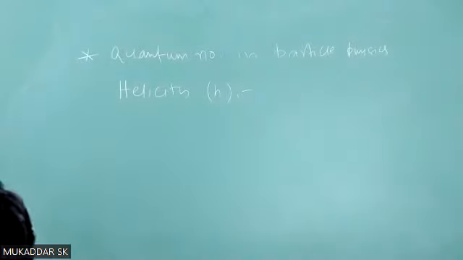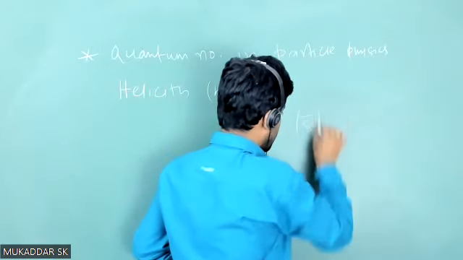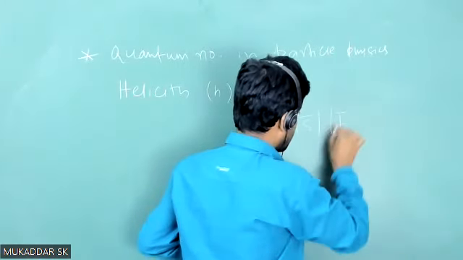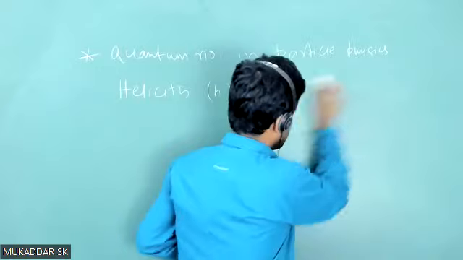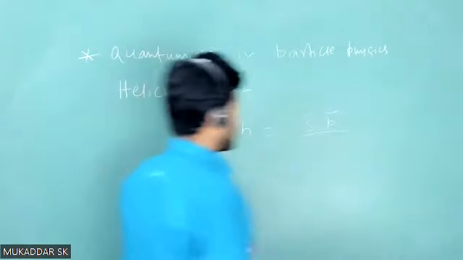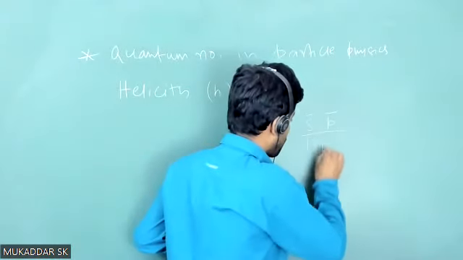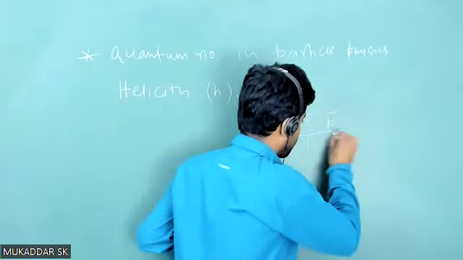Can anyone tell me what is helicity? Helicity is defined as projection of spin along the direction of flight. It means S dot P, divided by mod of S and mod of P.